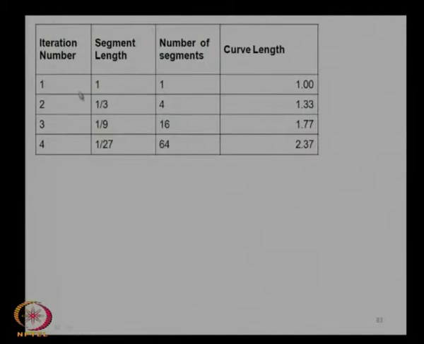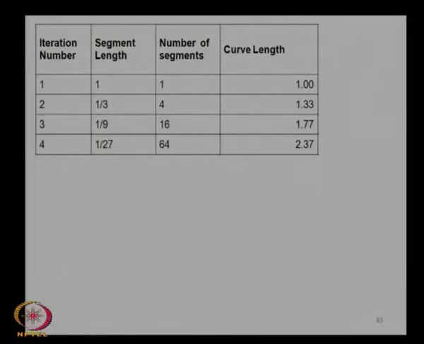So the iteration number, you have got the segment length which becomes smaller by a factor of 3 every time. So the first time you do this, you have got a segment length of unity, next time it is 1/3, next time it is 1/9, next time it is 1/3 of that. So from one to the next it becomes smaller by a factor of 3.